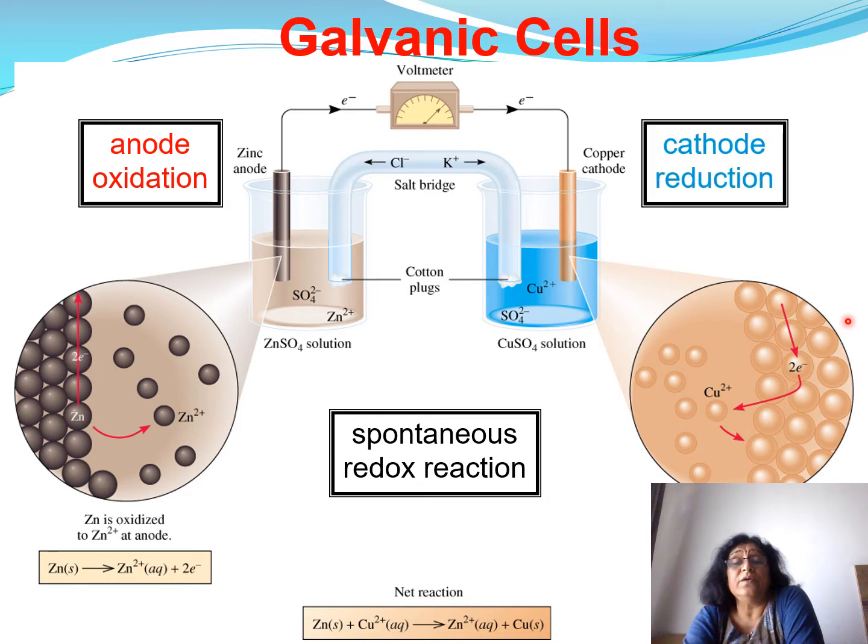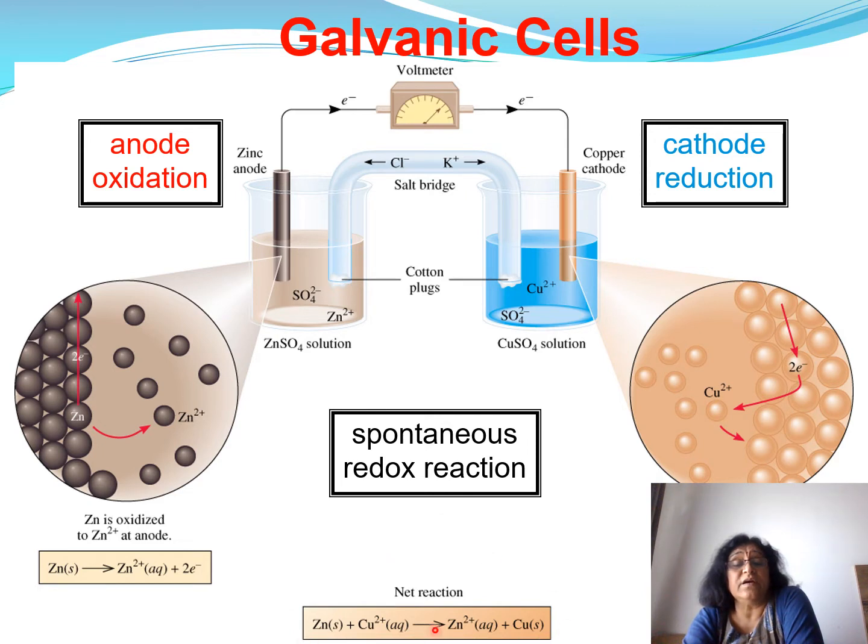Okay. Now here, what do you see? There are copper ions in the solution. The copper ions take these electrons that were released by zinc, flowing from zinc to copper, and copper ions from the solution gain electrons and deposit in the form of copper on the copper rod. So the reduction takes place here. Copper ions gain electrons and convert to copper, and so the net reaction is what?